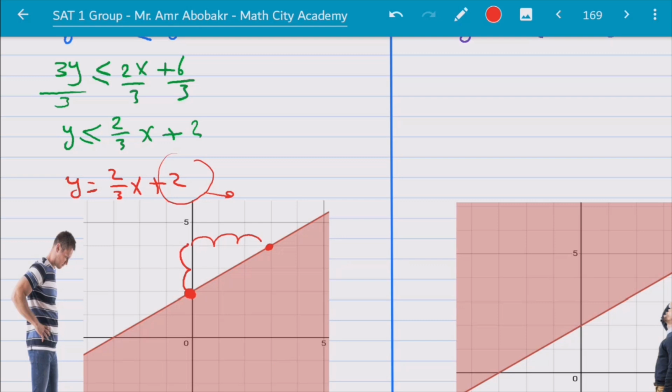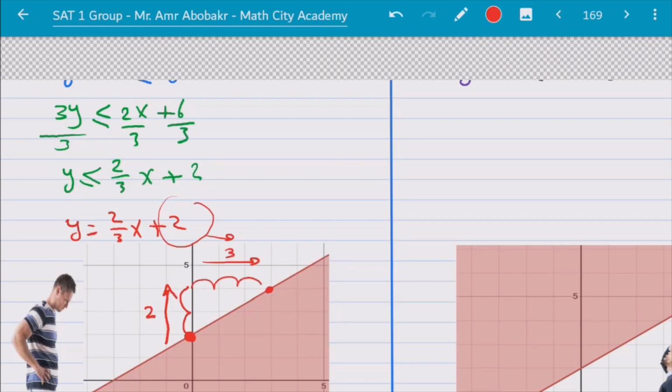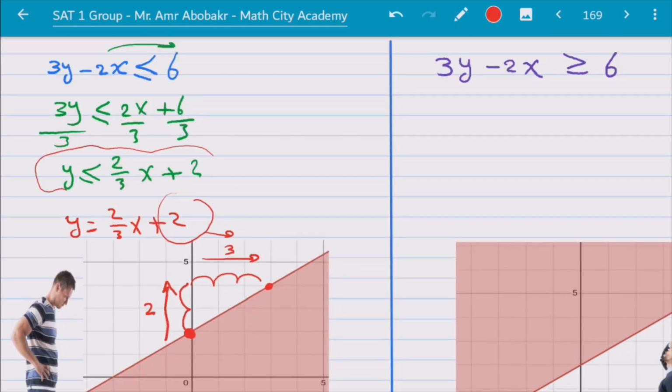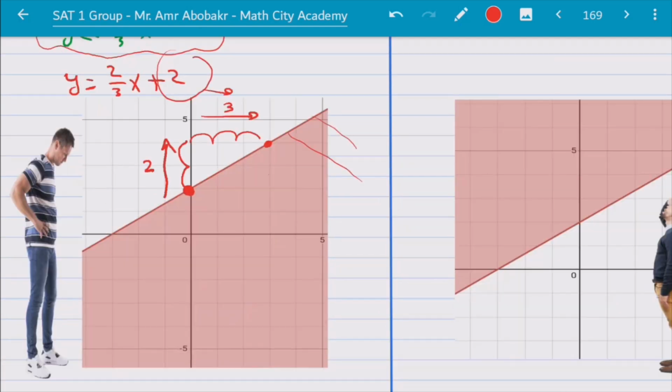Okay, so this is rise 2 units, and run 3 places. So we will make a line. This is y smaller than, so color the area that is below the line.